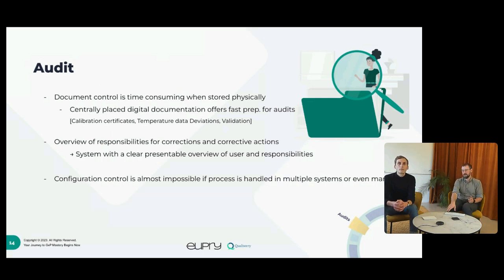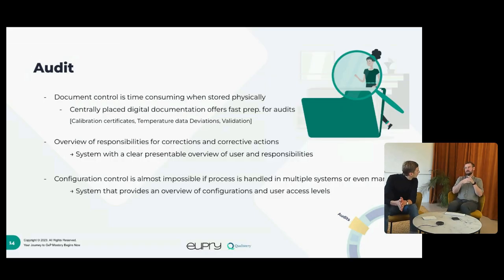I would say that this is one of the ones with less priority, but surely having a system that provides an overview of the configuration and user access levels. We often see that companies who've been in operation for a lot of years have layers of systems that all affect the thermal compliance. And that can lead to a pitfall of a loss of that configuration control. So that's definitely something to be worried about as well.